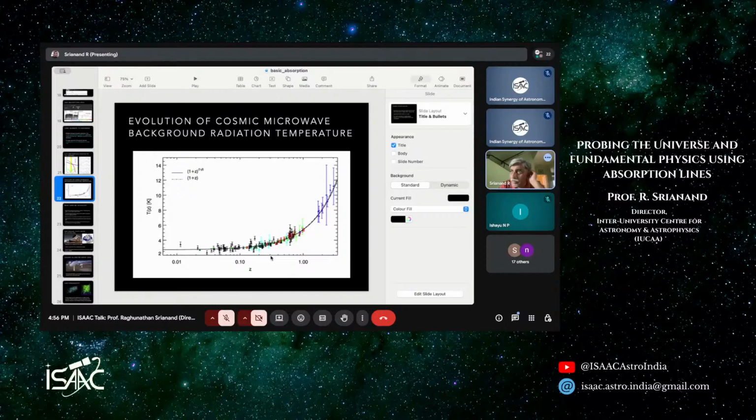So this is what one can do. For example, we said the radiation and matter were interacting at some stage, and later on the universe became extremely big and diluted, so their interactions weakened.